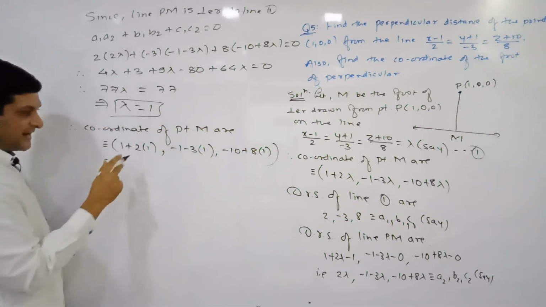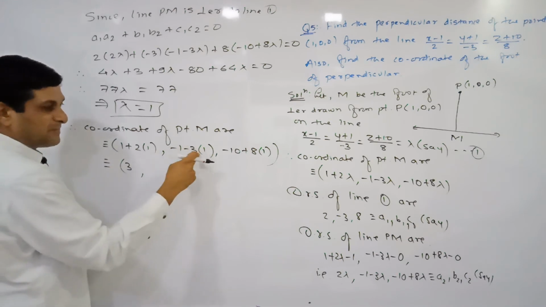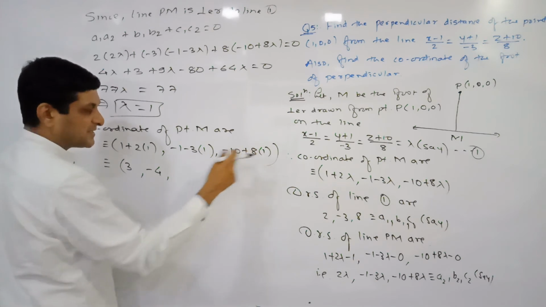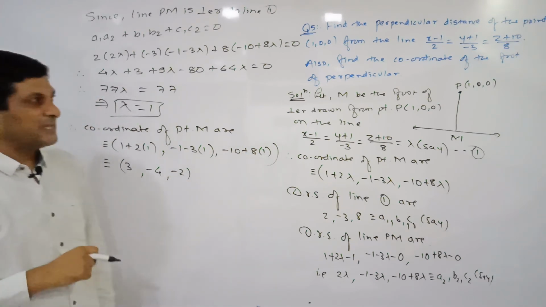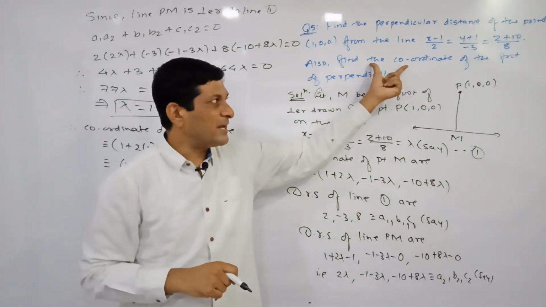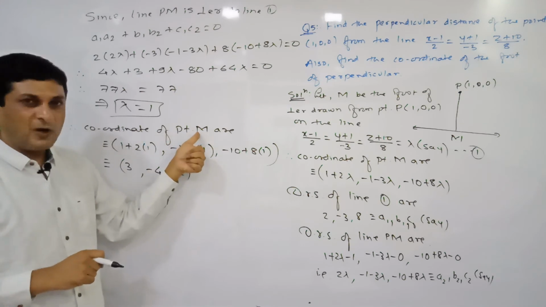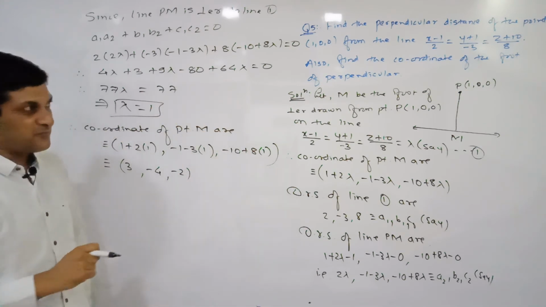So let us simplify it here. 2 plus 1 is 3, here minus 1 minus 3 is minus 4, and minus 10 plus 8 is minus 2. In this way we have got coordinate of point M. So this is our one required value, coordinate of the foot of perpendicular. Foot of perpendicular we have denoted by what? M. Now first part of the question is to find out distance of a point from the line.